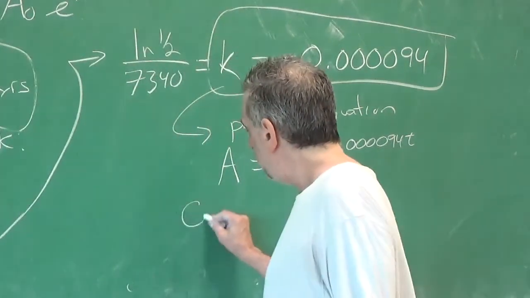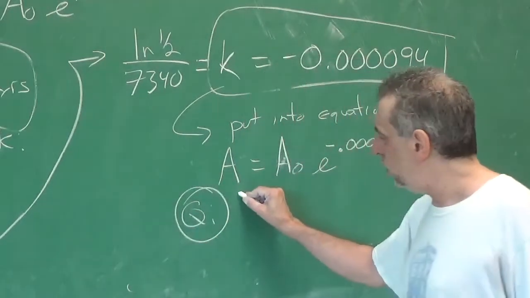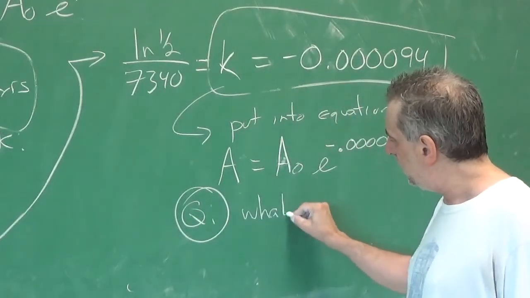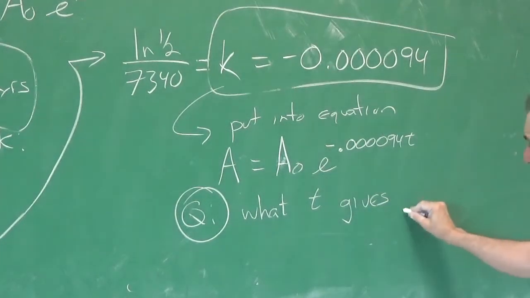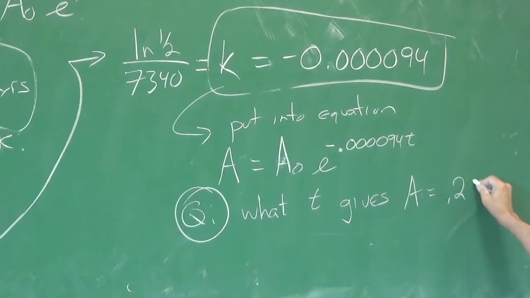So now the question is, what t gives a equaling 20% of the original amount? We want the final amount to be 20% of the original amount.